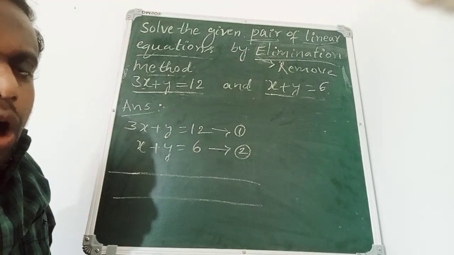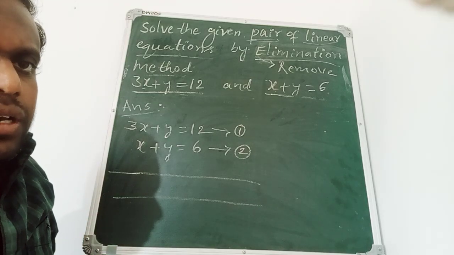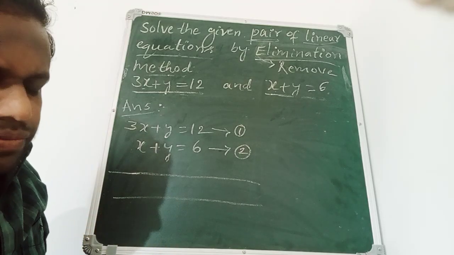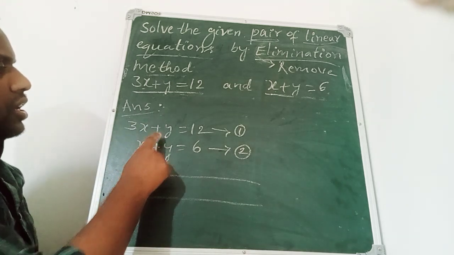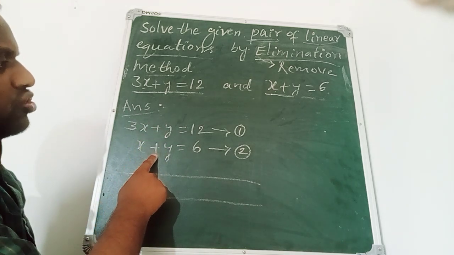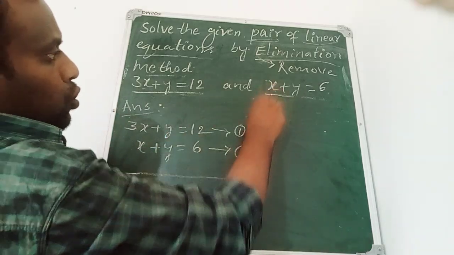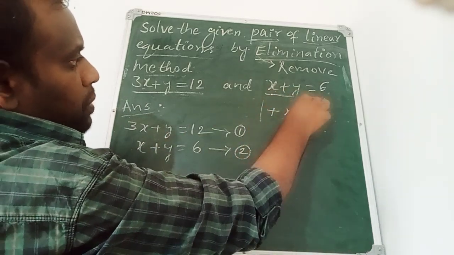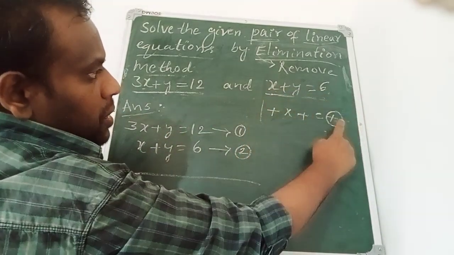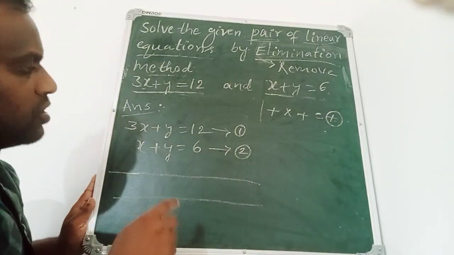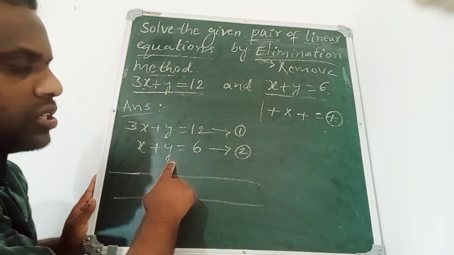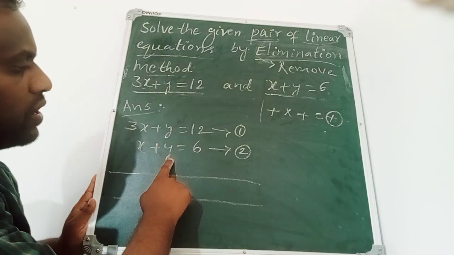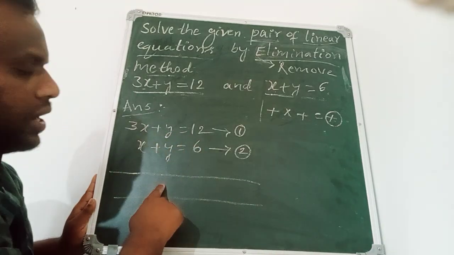Now think how we can eliminate. There are two ways to eliminate: either by adding or by subtracting. See, here plus, here also plus. Plus means addition, so we would add this and this. When you add, this is 1y and this is 1y, so you get 2y.